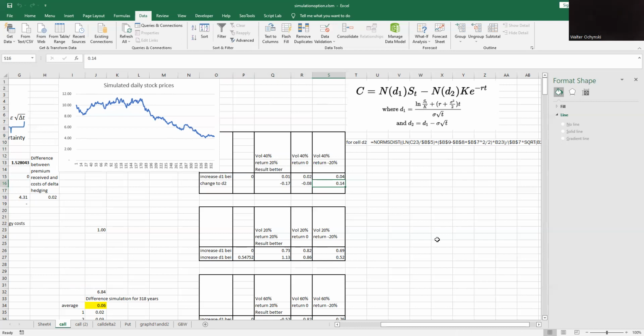The results are better. So we see the outcome of the model depends on the assumption of what the volatility was and what the return is. Let's look at the possibility of changing the volatility to 20%.